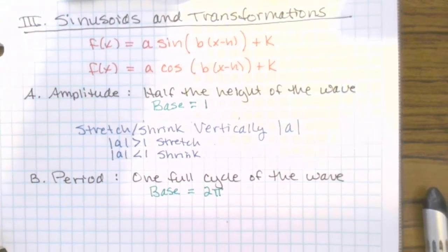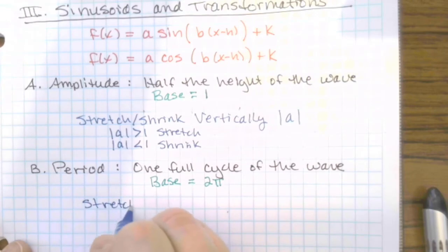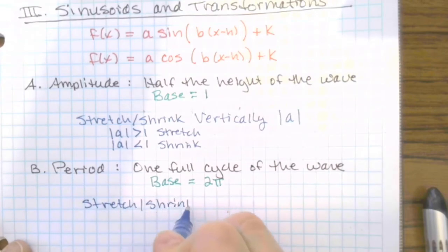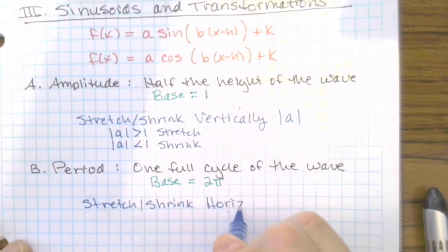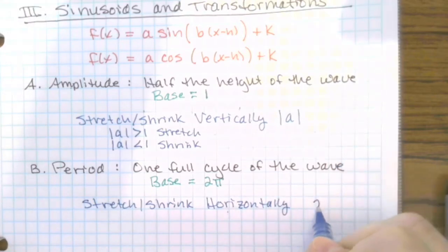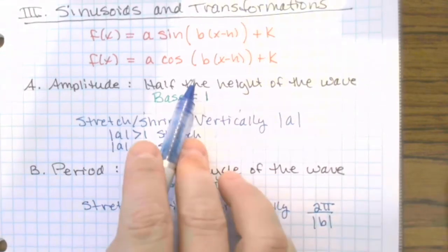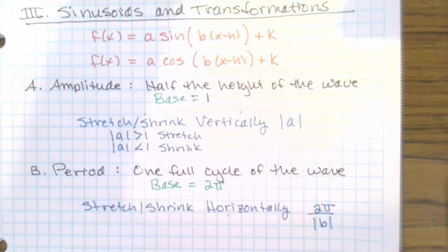Okay, so adjustments to the period would be a stretch or shrink horizontally. And you use 2 pi divided by the absolute value of b. B is the number, of course, right here being multiplied.